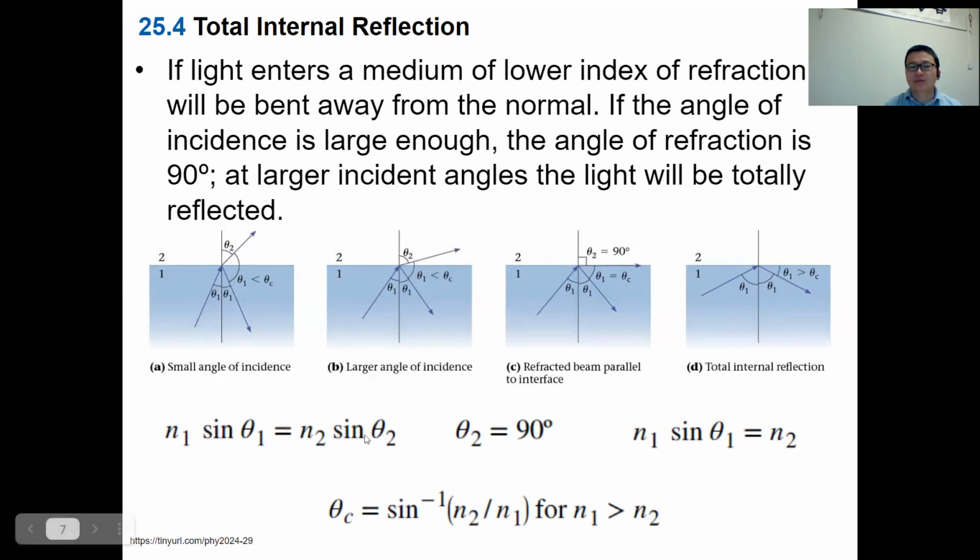So as you increase theta 1, theta 2 will reach 90 degrees first. When that happens, if you further increase the incident angle theta 1, total internal reflection will happen. Now no part of the light will enter the second medium. We call this total internal reflection.